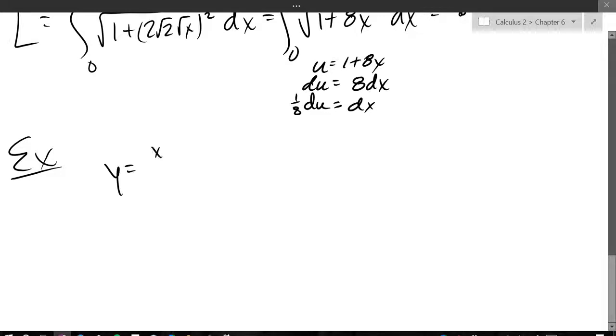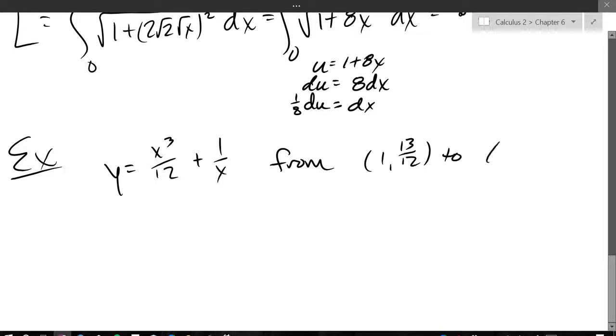Alright, x cubed over 12 plus 1 over x from, now we're going to go points here, from 1 comma 13 twelfths to 4 comma 67 twelfths.